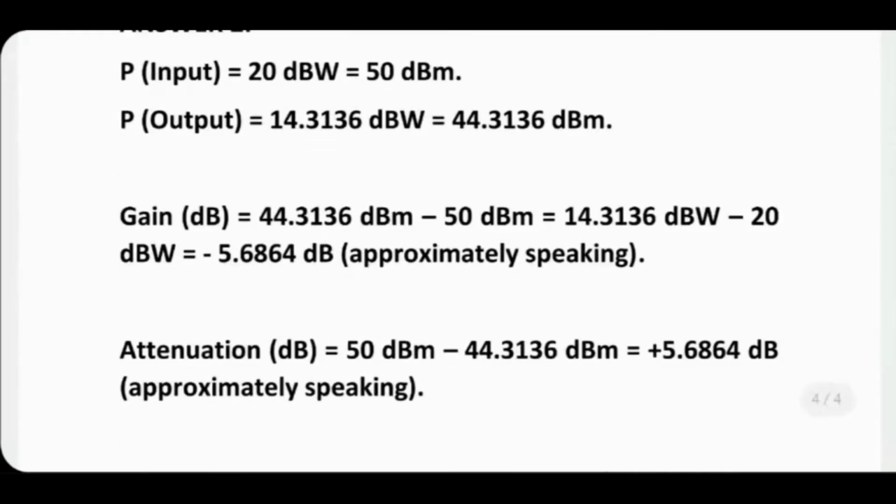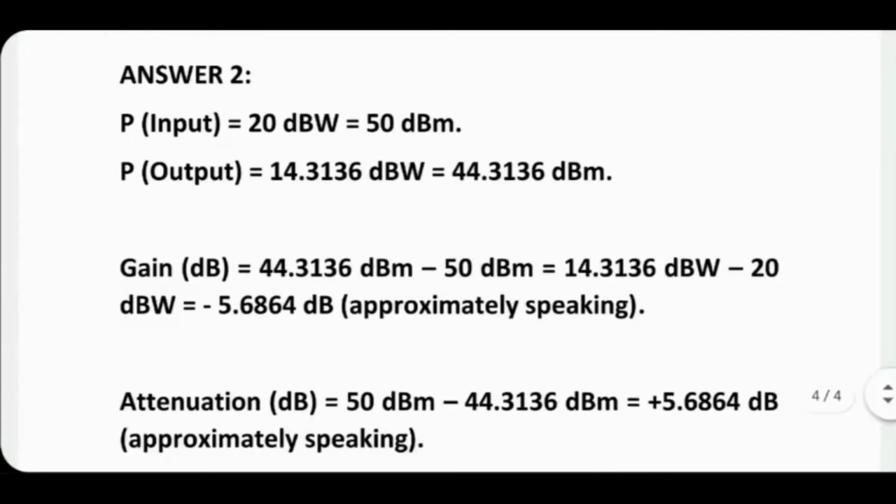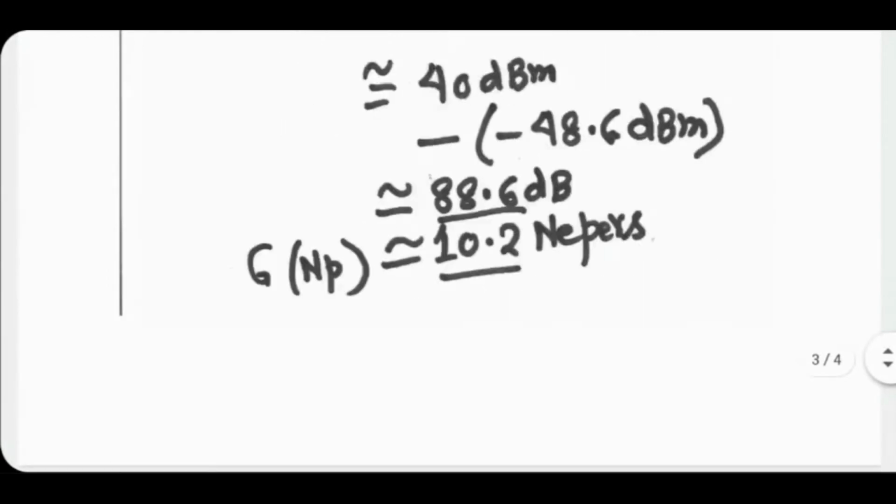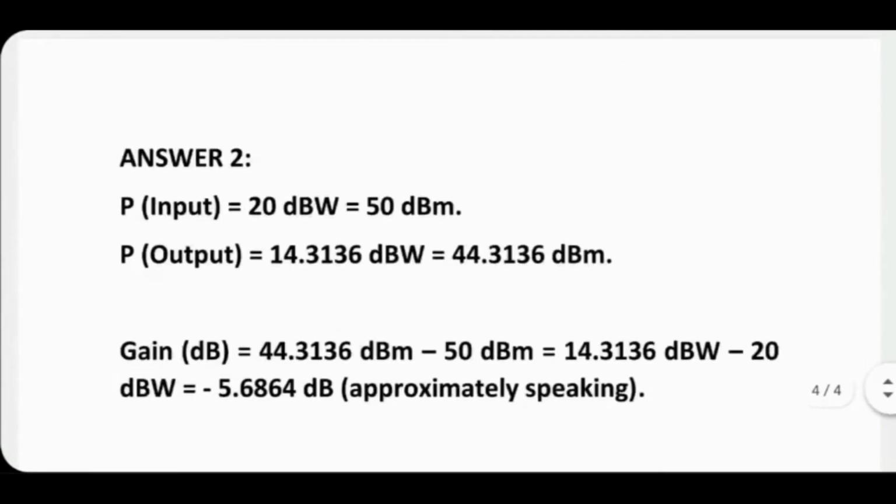If you take the dBW value, it would be 10 log 100 divided by 1, which is 20 dBW, which becomes 50 dBm. So input power is 50 dBm, output power is 27 watt, I think. That converted to dBm will give you this number.